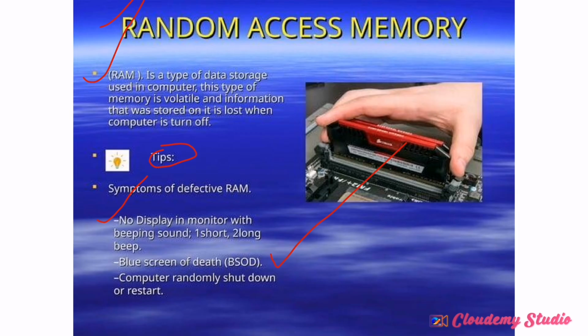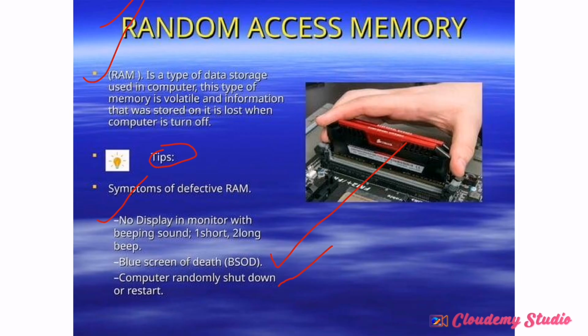Then the computer randomly shuts down or restarts. When you see the computer randomly shutting down or restarting, just know that the problem is with the RAM. Sometimes it can be a power issue or electrical fault, but in most cases, if the power part is okay, the problem is with the RAM. If the problem is with the power source, you check the power supply, the amount of power that the motherboard or the system is receiving.